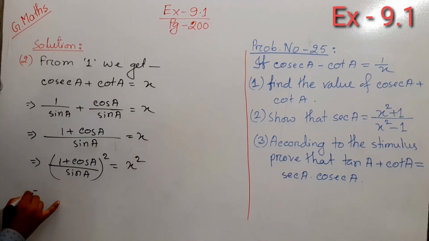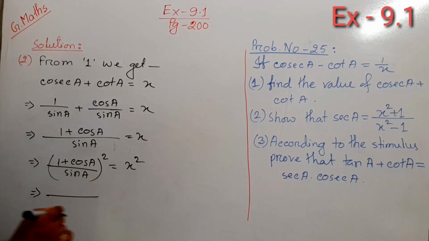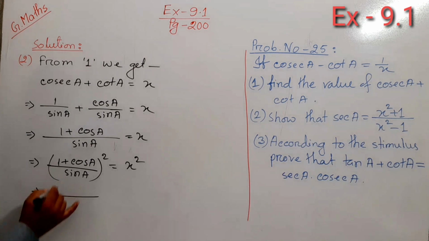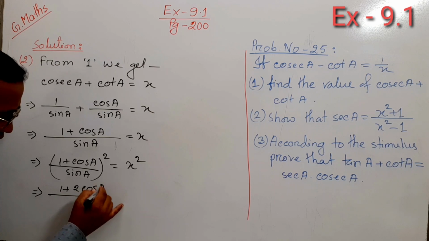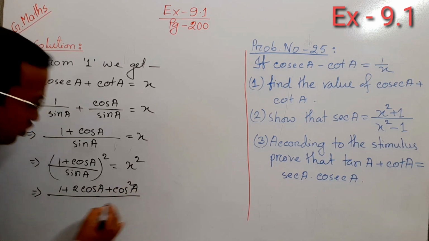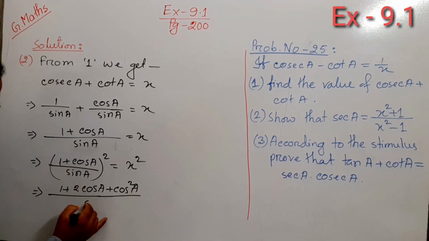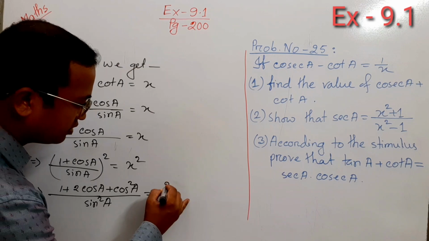Now we will take the square for the numerator and the denominator separately. It becomes 1 plus 2 cos A plus cos square A, and the denominator sin A squared becomes sin square A, equal to x square.